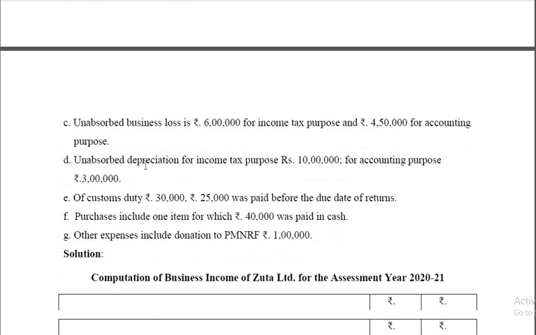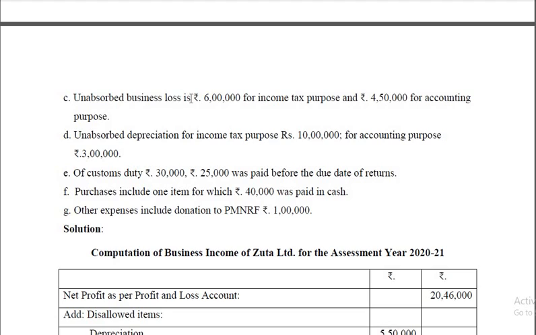Next, come to point C and D. Here, unabsorbed business loss 6 lakh for income tax purpose, and unabsorbed depreciation for income tax purpose rupees 10 lakh. So what you have to do is compute business income before set off. And if there is surplus, this 6 lakh has to be set off. After that, if balance is available, either the full amount can be set off or to the extent possible.